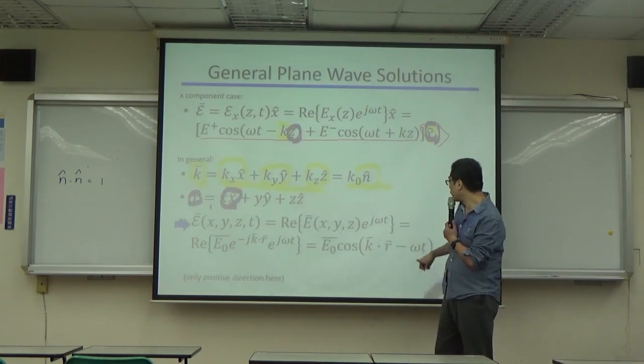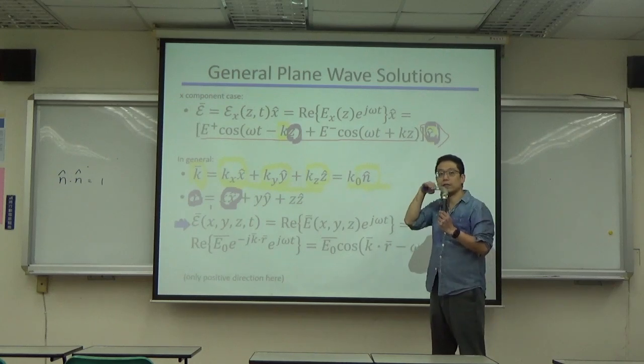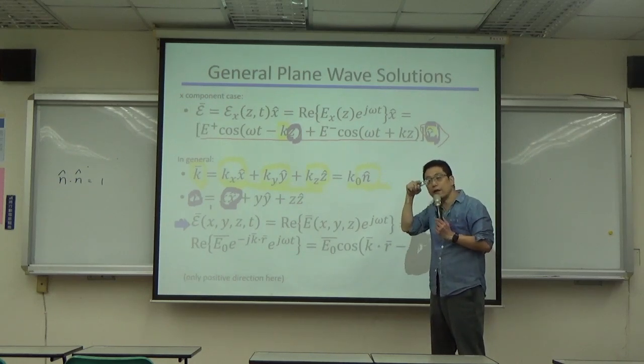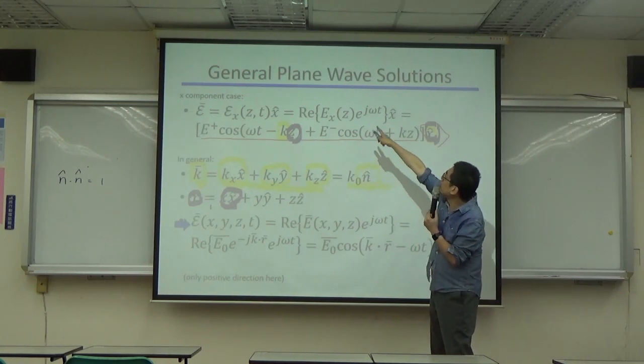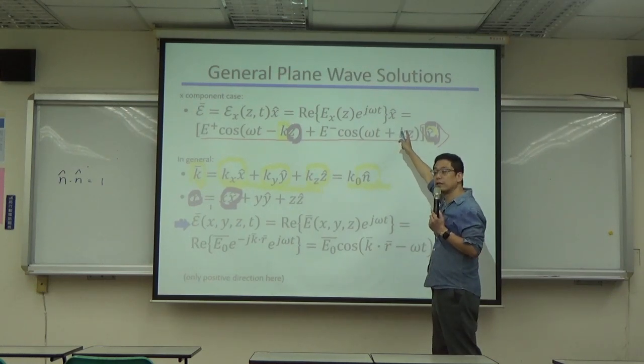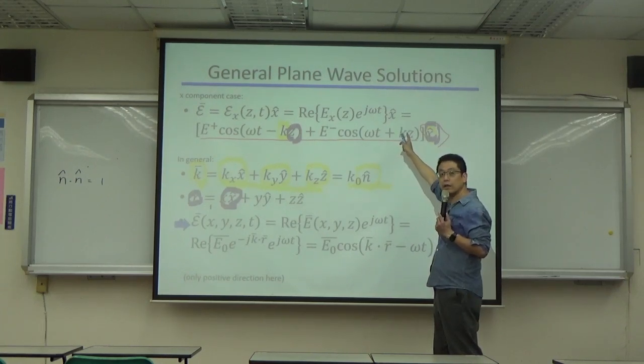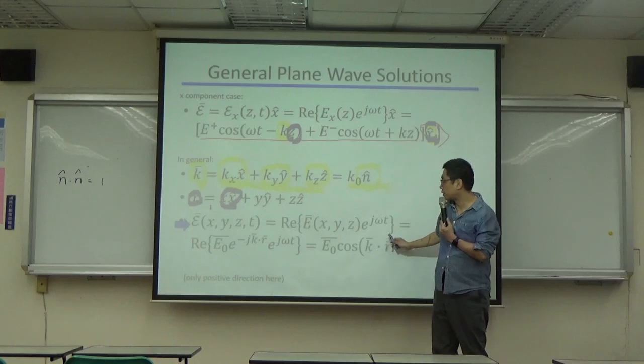This is a way to describe the x, y, z directions, and this is a more general plane wave solution other than just the x direction. Just expand this from our textbook.